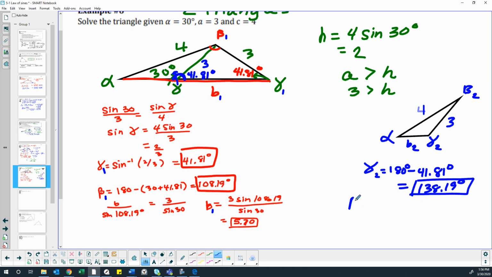So we now are going to find B2 by doing 180 minus 30 and 138.19. It's going to be a kind of a small angle. 11.81.